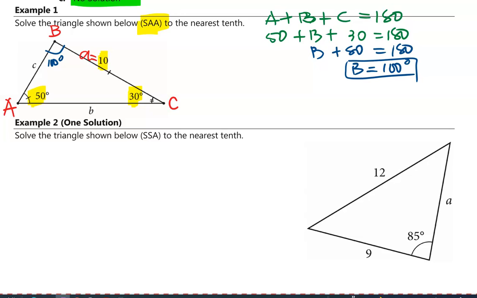Then to solve for the other sides, we use the law of sines.